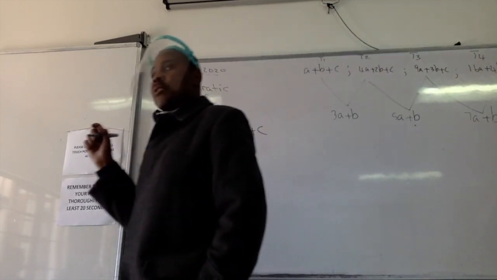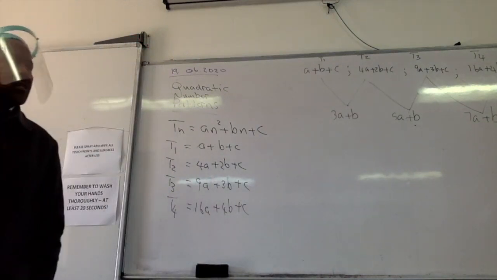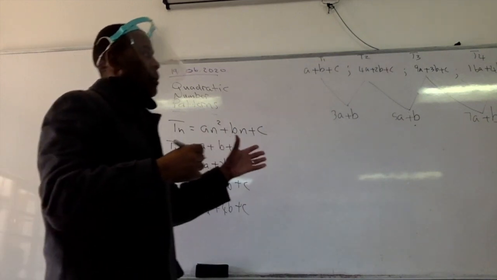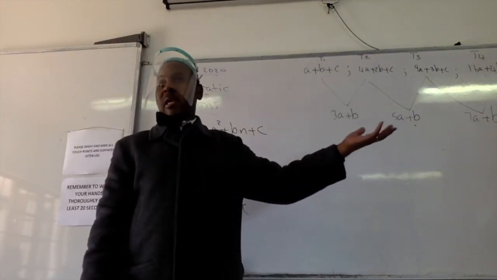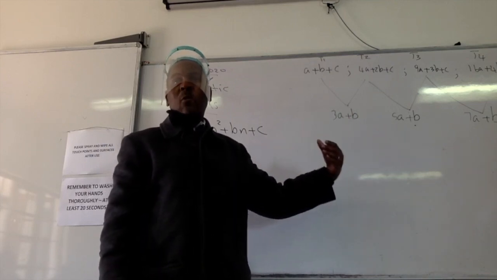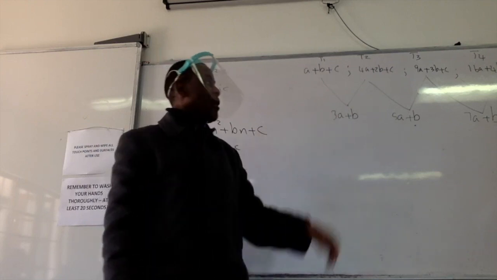Do you see that the first differences are not the same? So the first differences are not equal. 3a plus b is not equal to 5a plus b, is not equal to 7a plus b. Otherwise, if these were equal, then this was going to be a linear pattern, but it's quadratic.